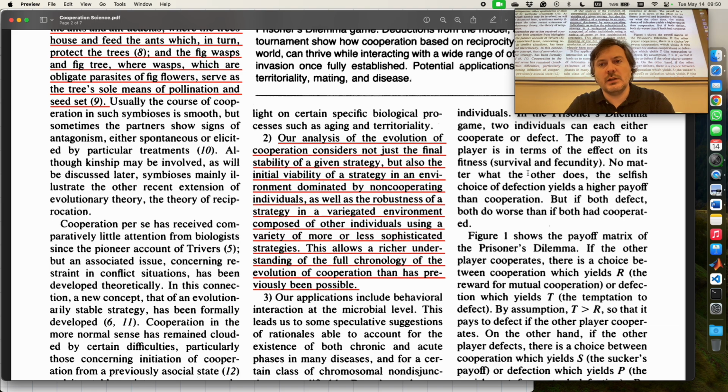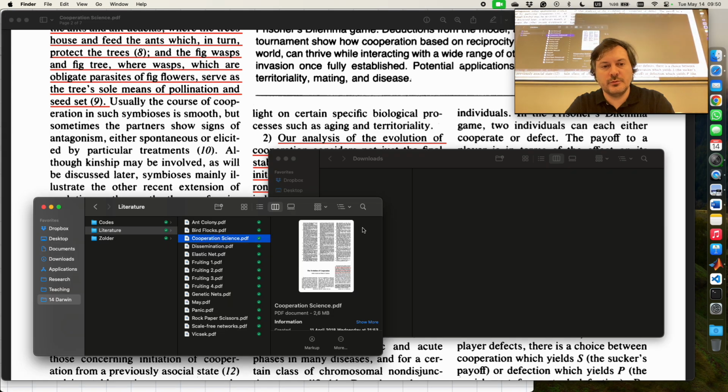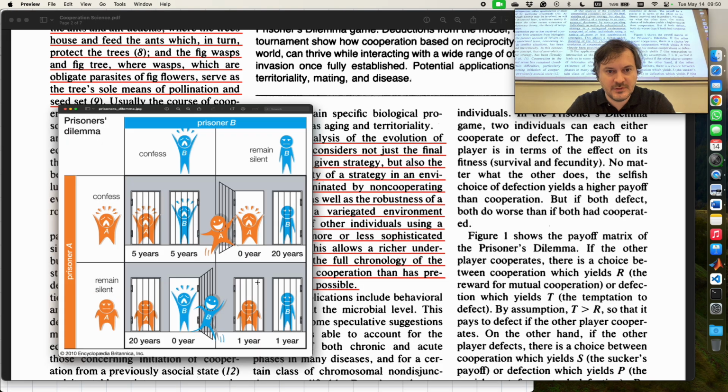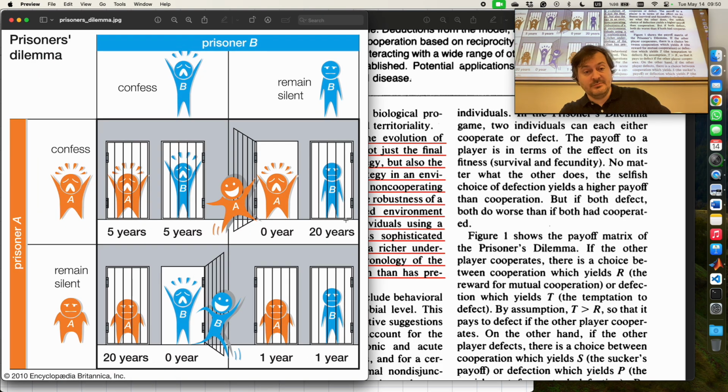So let me just, for those who want to hear it again, I show you this image. There are two prisoners, they have been caught, and you want to get a confession out of them, and remaining silent for them is cooperation, and confession is defecting. Okay? Antagonization, let's say.